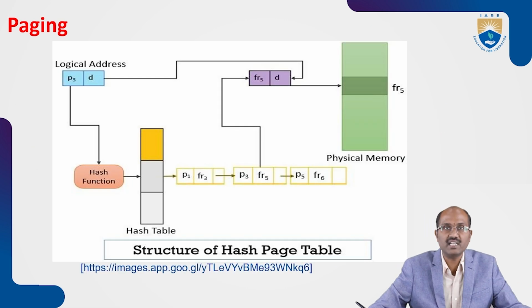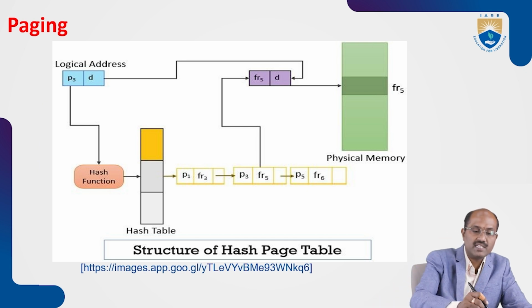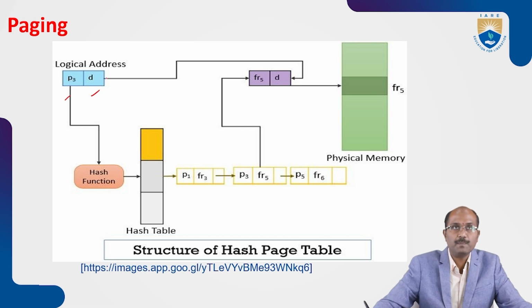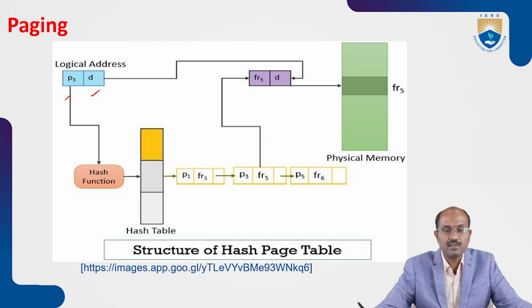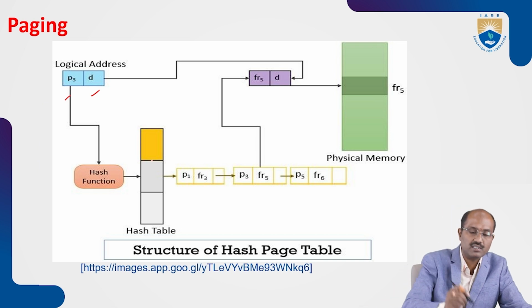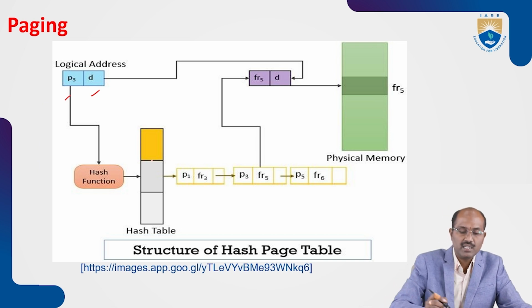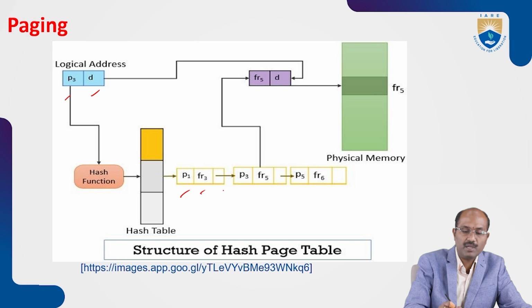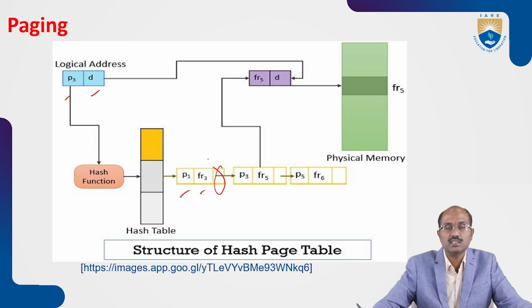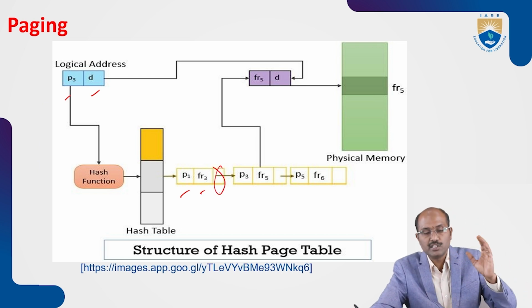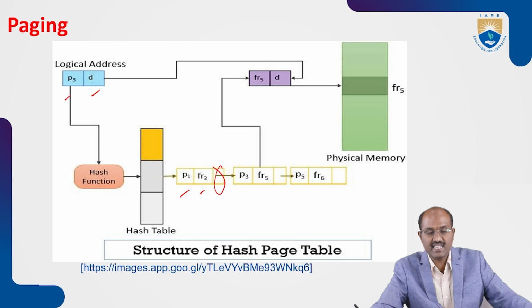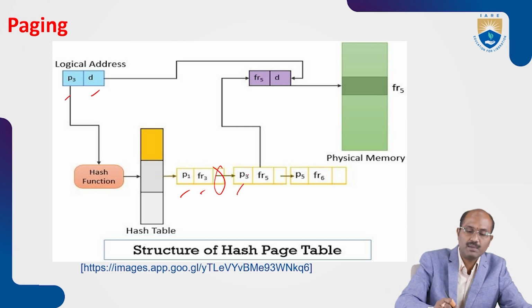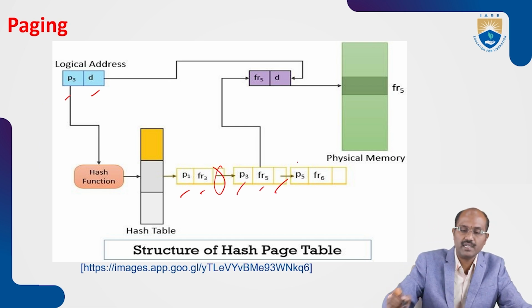See, this is the structure of the hash page table. There is a logical address, page number and offset. That page number and offset refer to the hash function. That hash function refers to the page number, frame number and pointer address. That pointer address is mapping to the next page in the sequence, the next page number, frame number and offset.